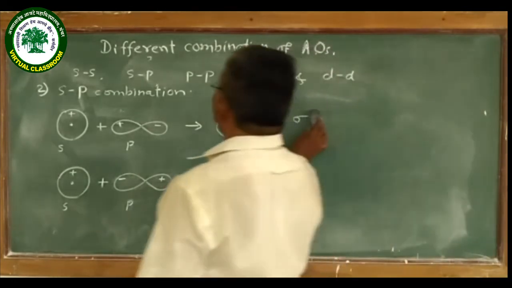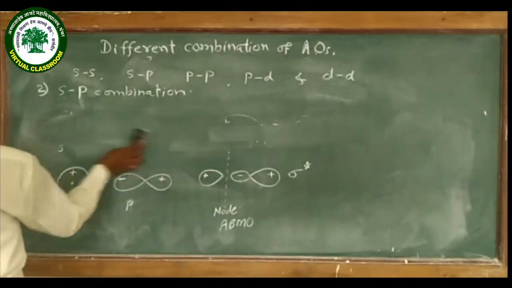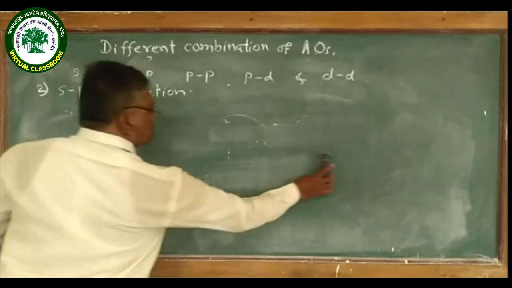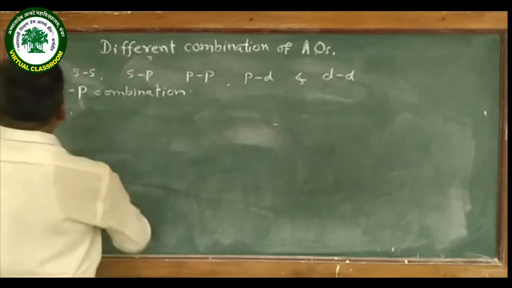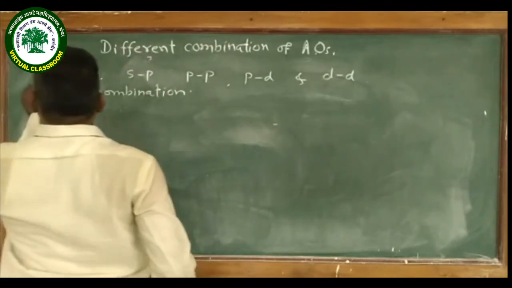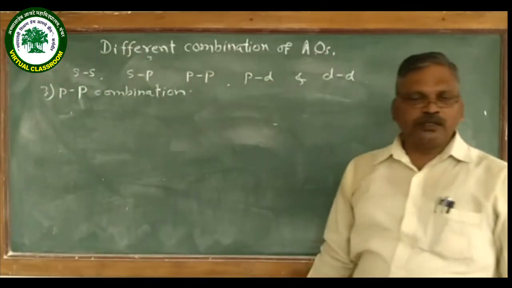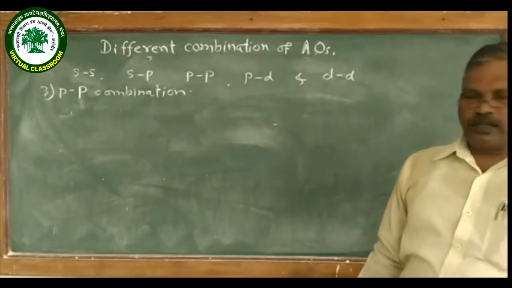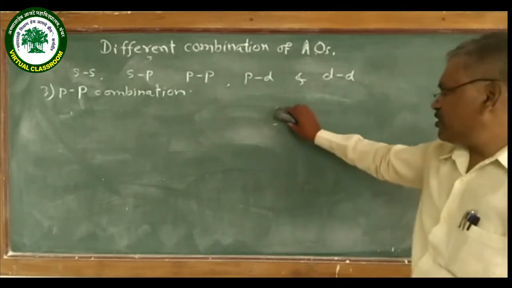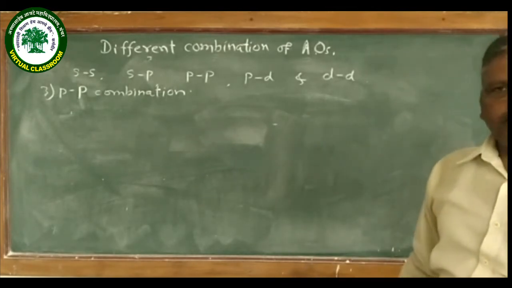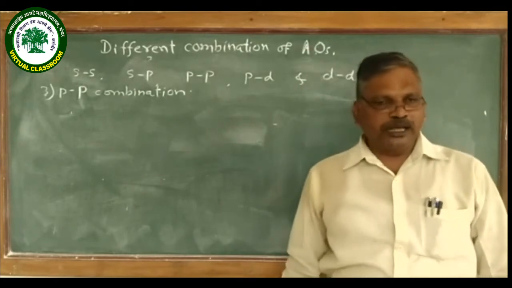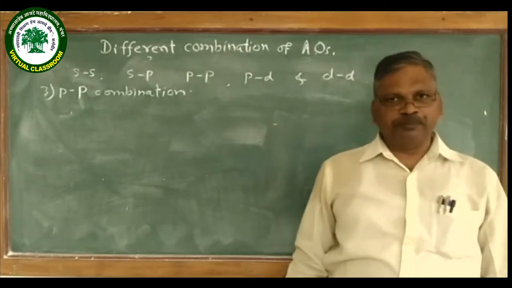The next combination is the pp combination. pp combination means overlapping of p orbital of one atom with p orbital of another atom. And in this combination, two possibilities are there because p orbitals have dumbbell shape.